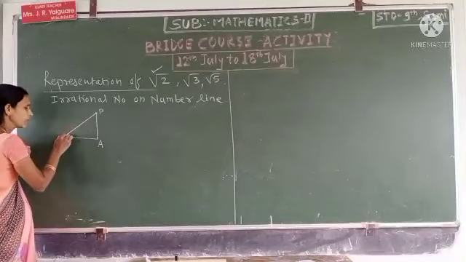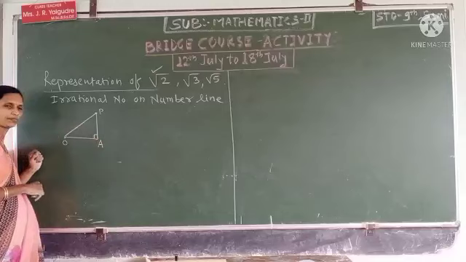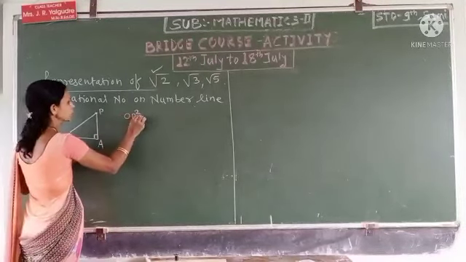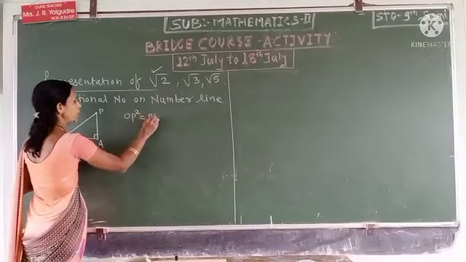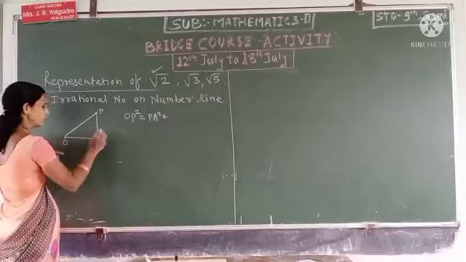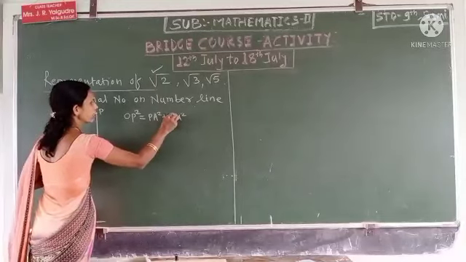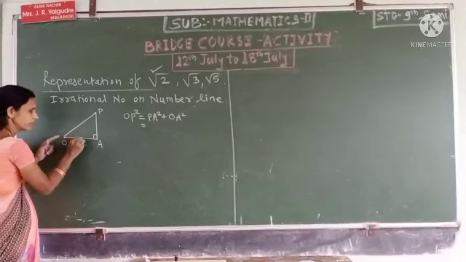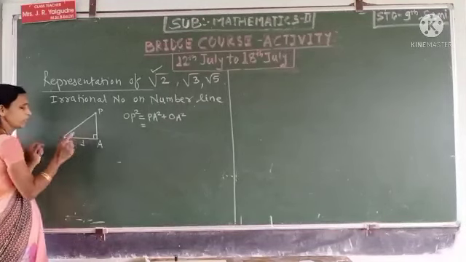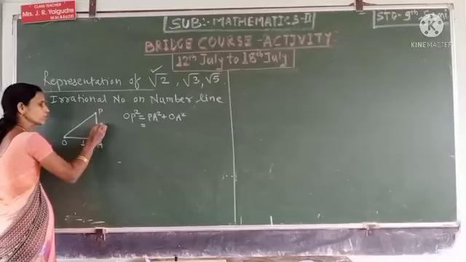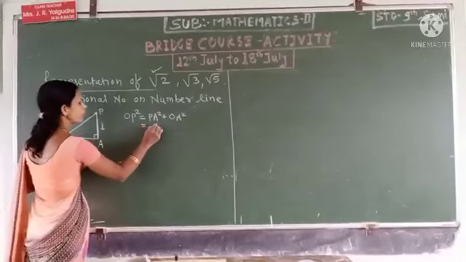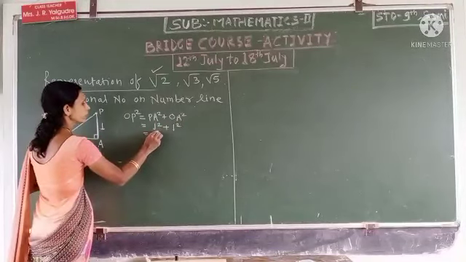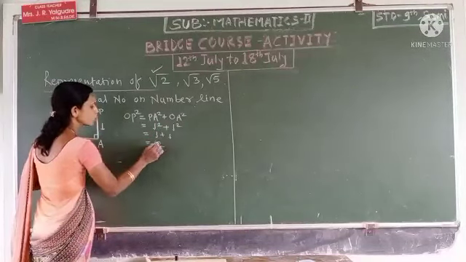OAP is a right angle triangle and OP is the hypotenuse. Therefore, OP square is equal to PA square plus OA square. That is the Pythagoras theorem. Suppose OA is 1 unit and PA is 1 unit, then putting the values of PA and OA, that is 1 square plus 1 square, that is 1 plus 1, that is 2.